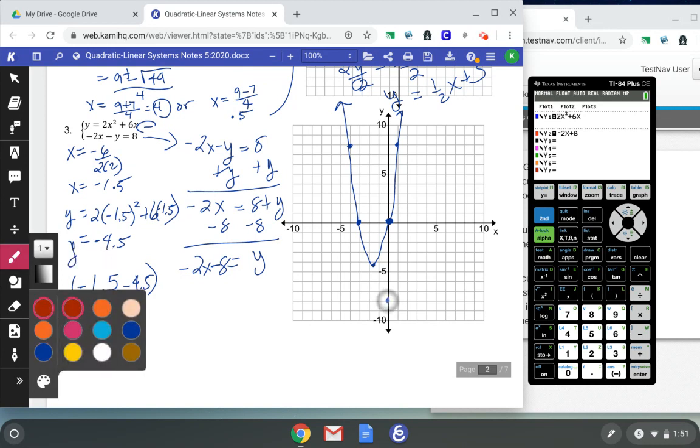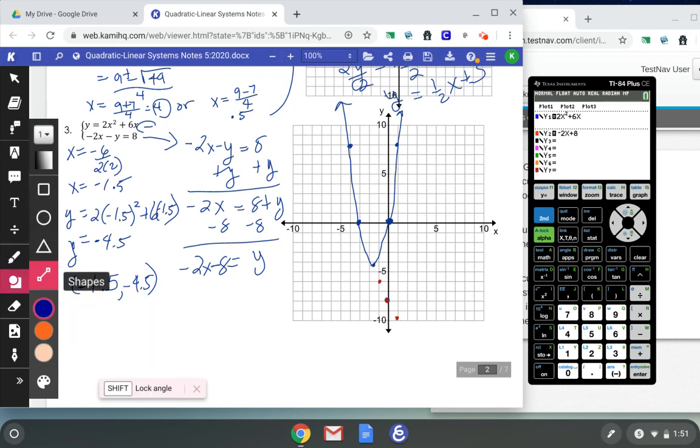Let's do a different color. Negative 8, down 2 to the right 1, down 2 to the right 1. And it is going to be a nice straight line, just like that.